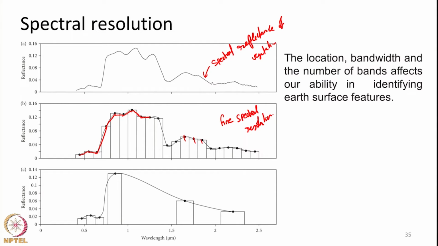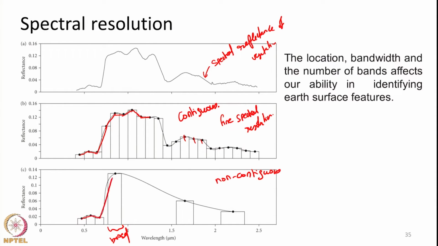Some features we may miss, but we are still getting the major absorption features. Here we are not having continuous bands. So, these bands are non-contiguous. Here the bands are contiguous, continuous bands. In this case non-contiguous, bandwidth is quite broad. So, coarser spectral resolution. If that is the case, just join them.